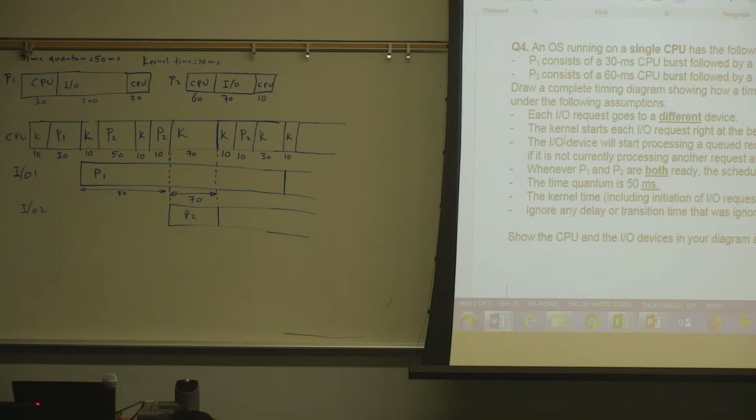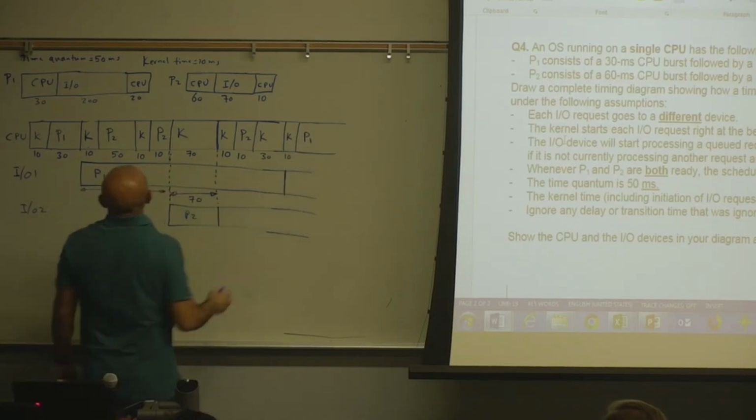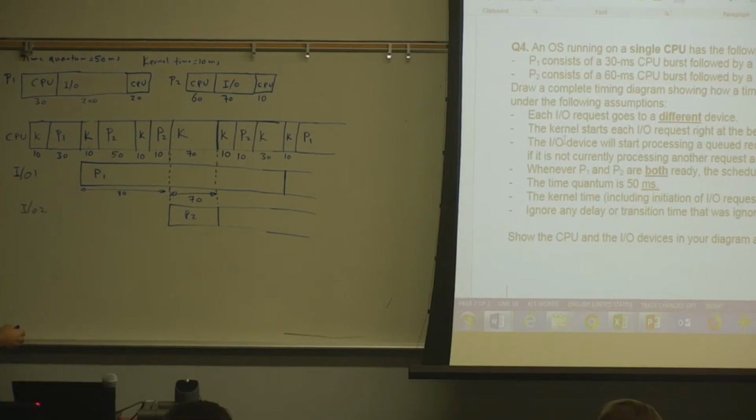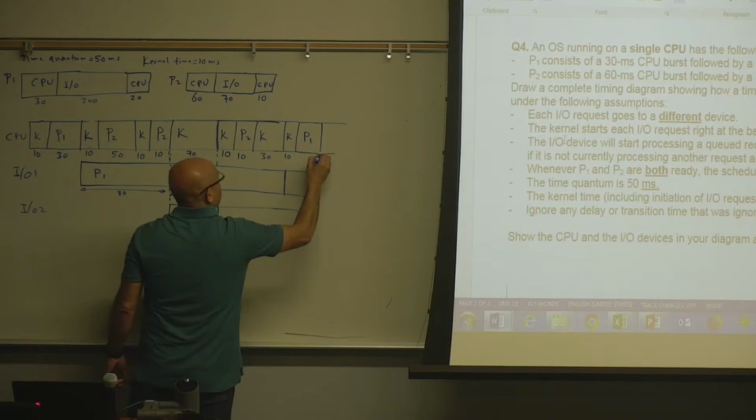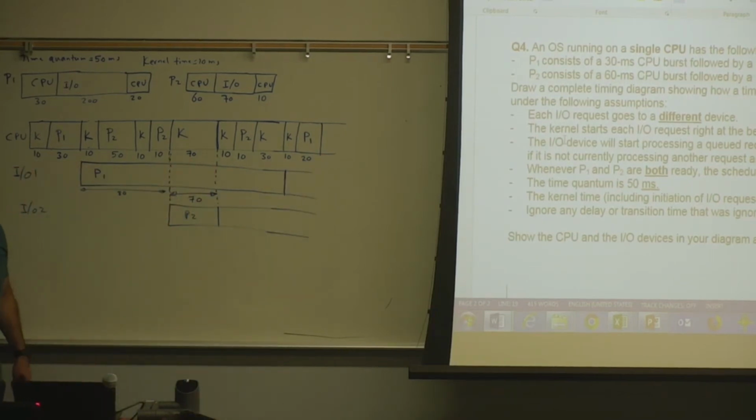And it will give the CPU to P1. And P1 will have it for 20. Okay.